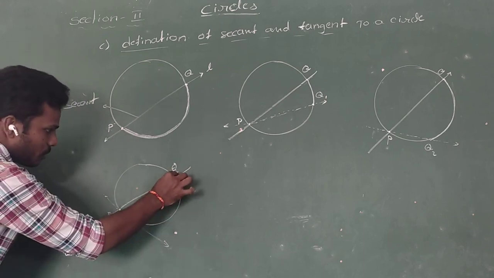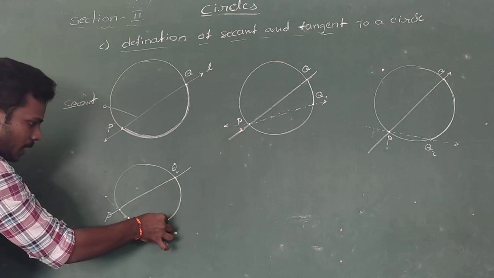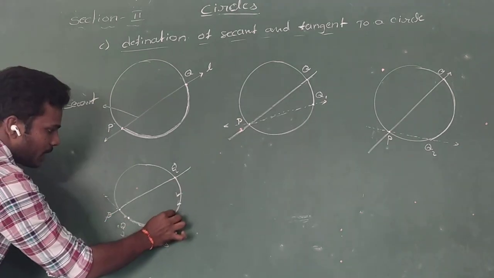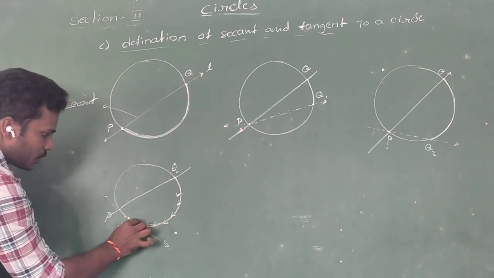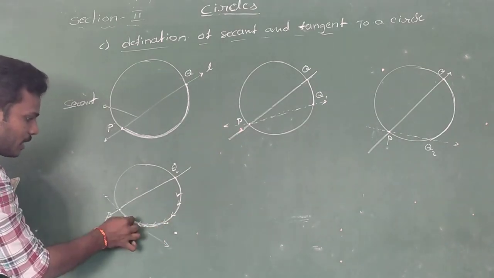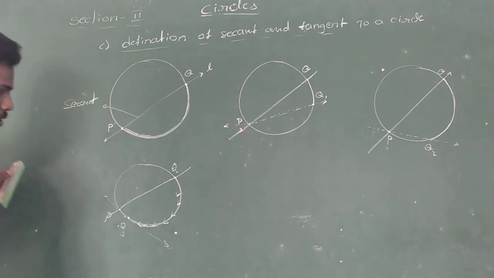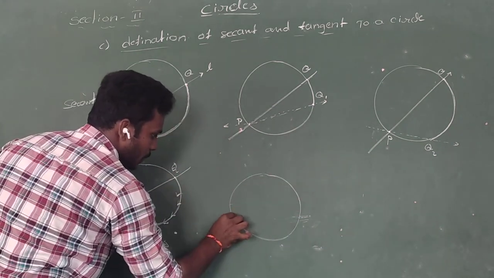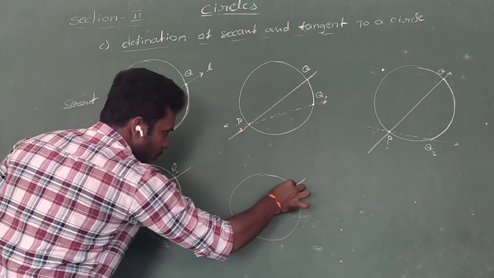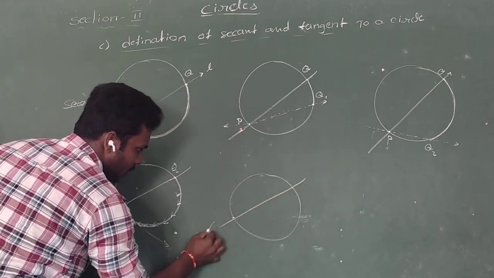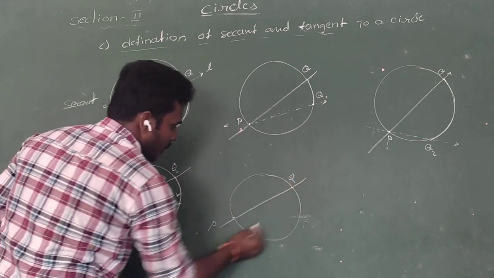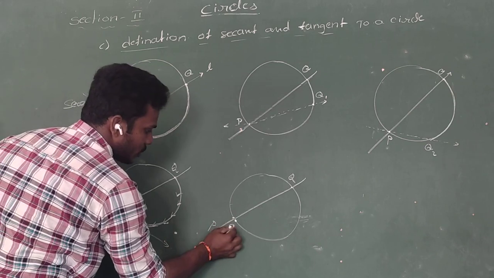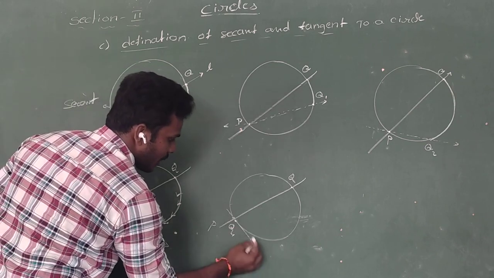So the point Q is moving along this path to try to reach the point P. From here that is point Q3. And finally, suppose the point P is the original position of the secant PQ. The point Q approaches, just like this, Q4.